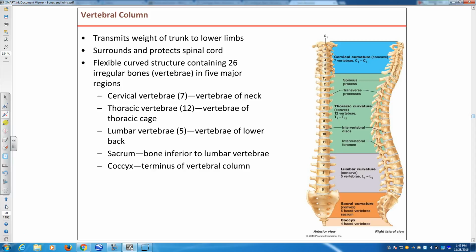But so far, let's first talk about the function of the vertebral column. So it maintains the trunk. Okay, actually it transmits the weight of the trunk to the legs. It protects the spinal cord, of course, and it's curved.